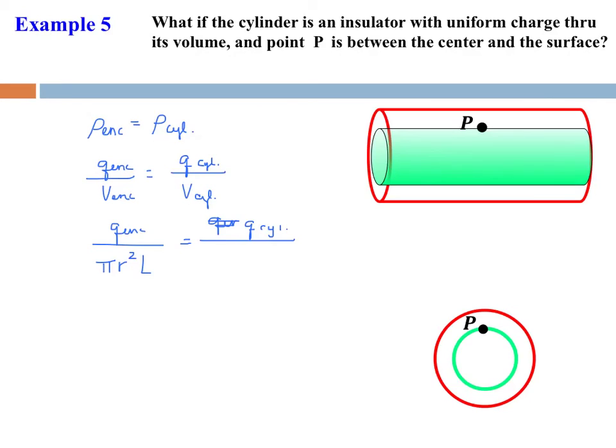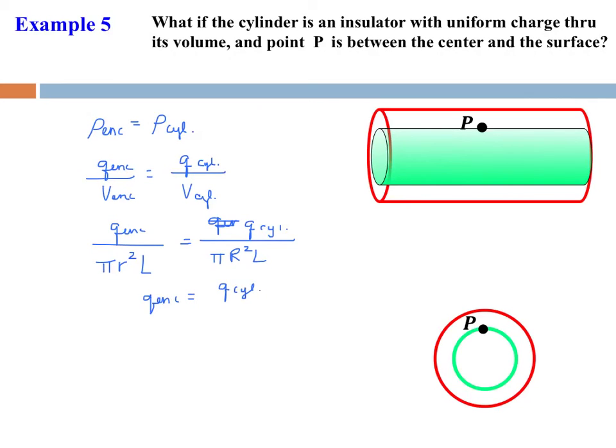And the charge of the cylinder is just the charge on the actual whole thing over the volume of the cylinder, which will be pi, and we're going to use capital R to say that this is a number that does not change, times L. So our charge enclosed will be equal to the charge on the cylinder. Our pi's will cancel out. The L's will also cancel out.